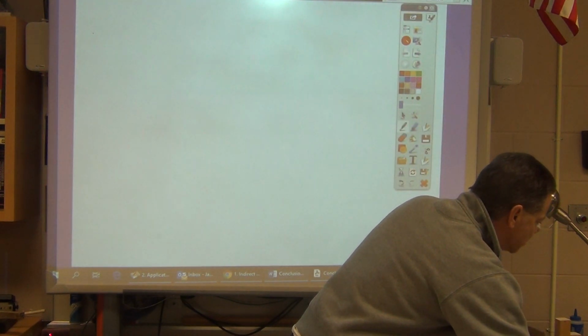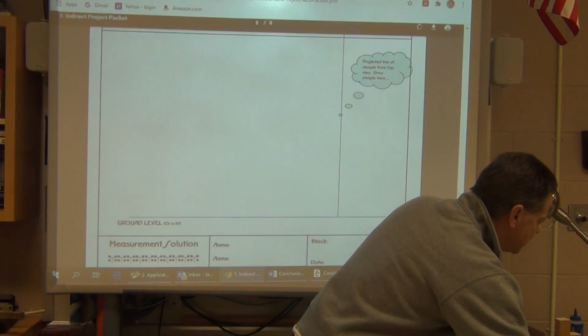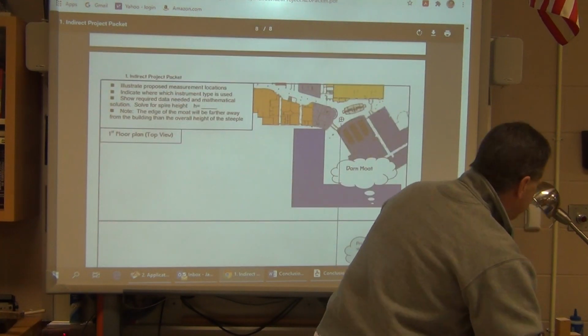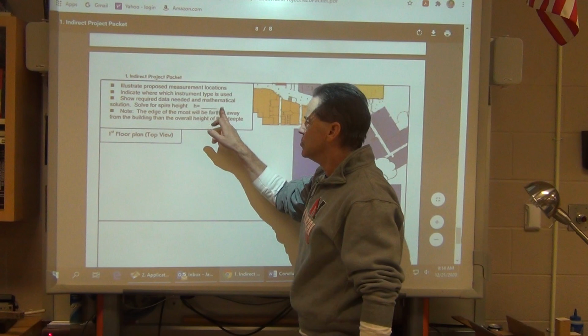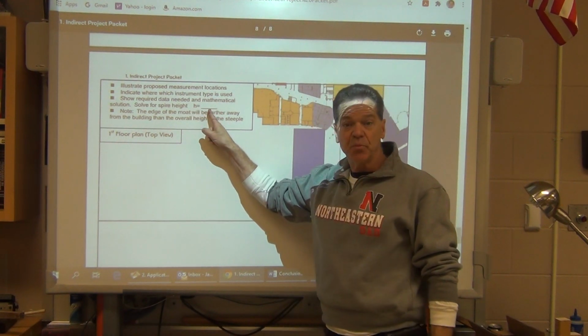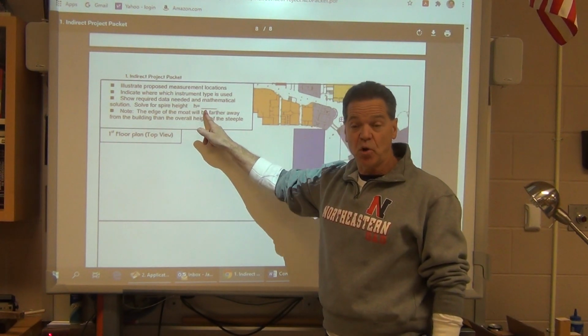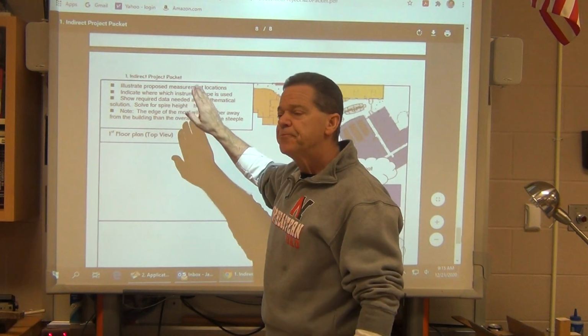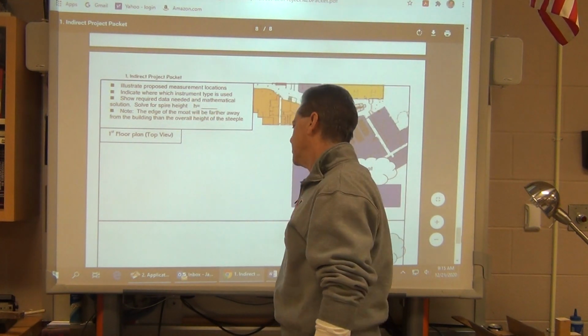Okay, and then also on this page then would be a place to do your calculations, okay? So, very important, right up here, h equals, that's going to get a number put in there. It's going to tell me how tall the thing is. Whatever the thing you did is, show it there, okay?